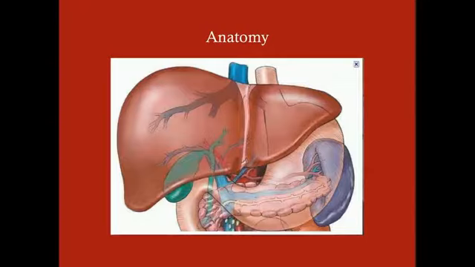So not the common hepatic duct, common biliary duct. Common biliary duct is your cystic duct plus your common hepatic duct. And then the common biliary duct progresses down and it receives the pancreatic duct. And once it's received the pancreatic duct, it's now the ampulla of Vater. And the ampulla of Vater drains into the second part of your duodenum, and the sphincter that controls that is the sphincter of Oddi.